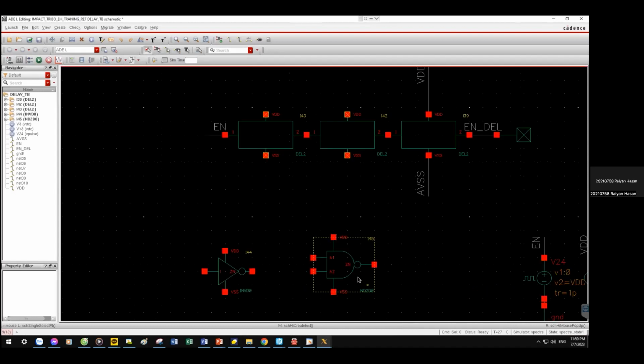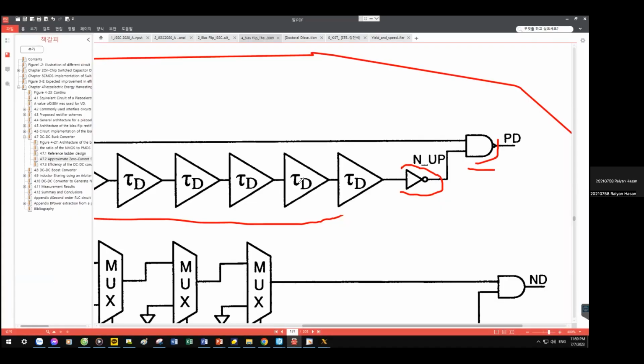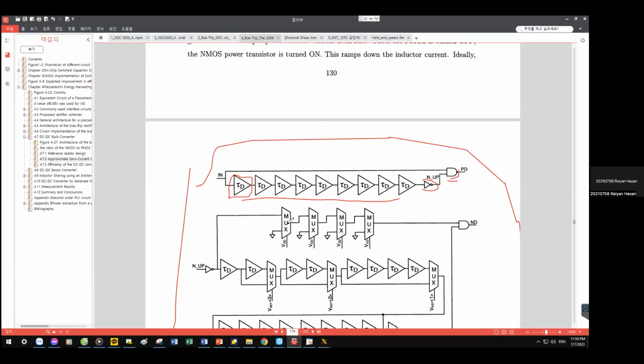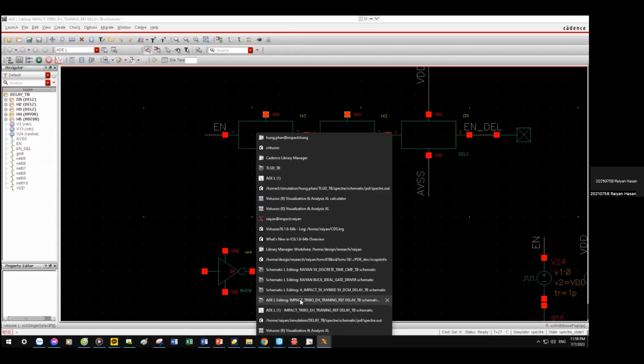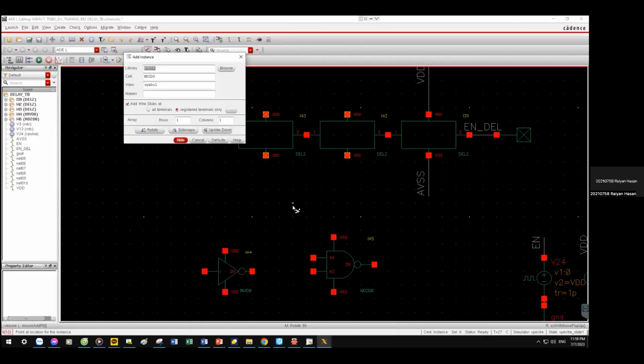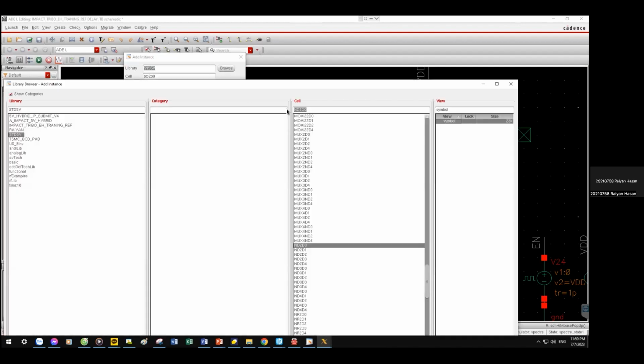NAND gate, and then MUX, we have multiplexer. We also have MUX.